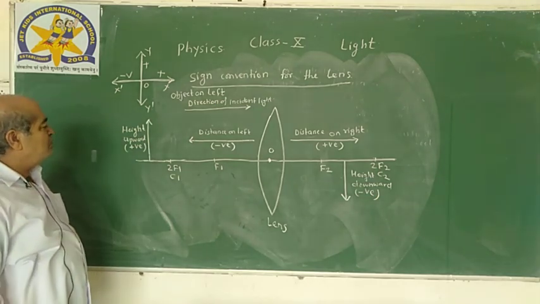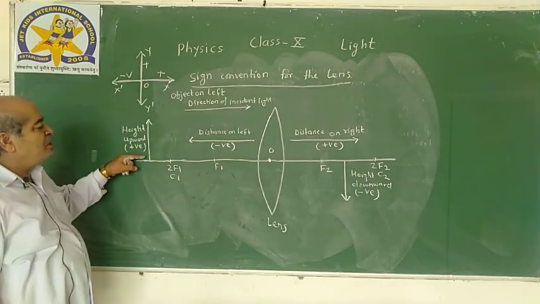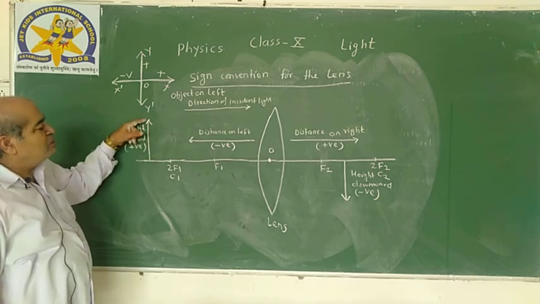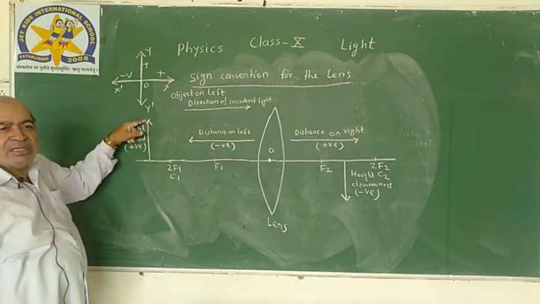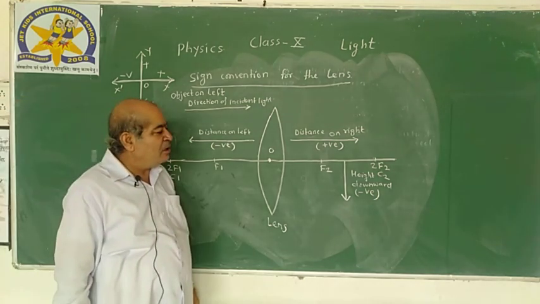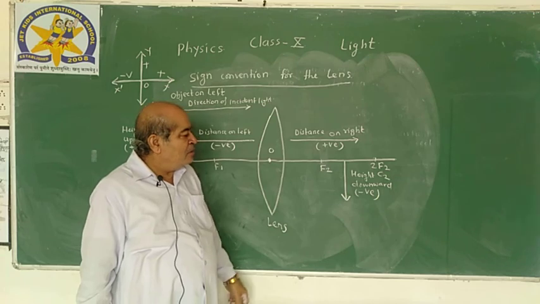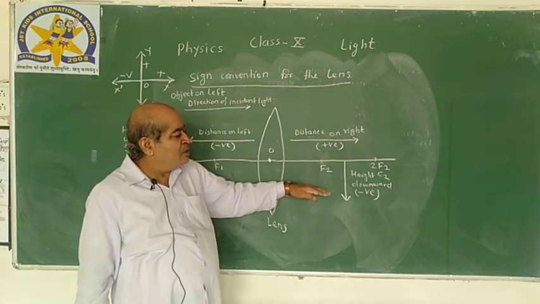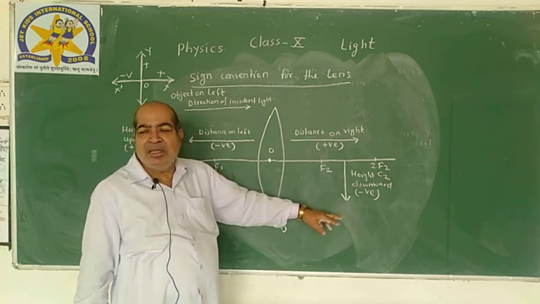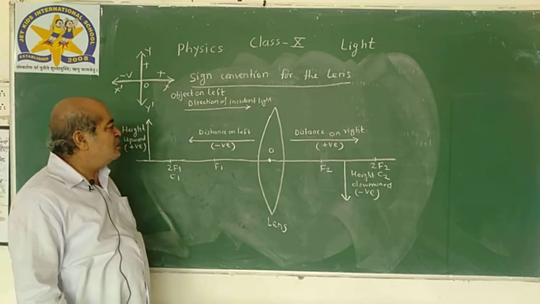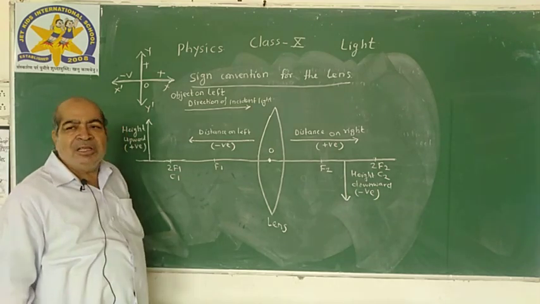Then the fourth rule is, the height of the object perpendicular and above the principal axis is taken as positive, and the height of the object below the principal axis is taken as negative. So these are the sign conventions used in the lens.